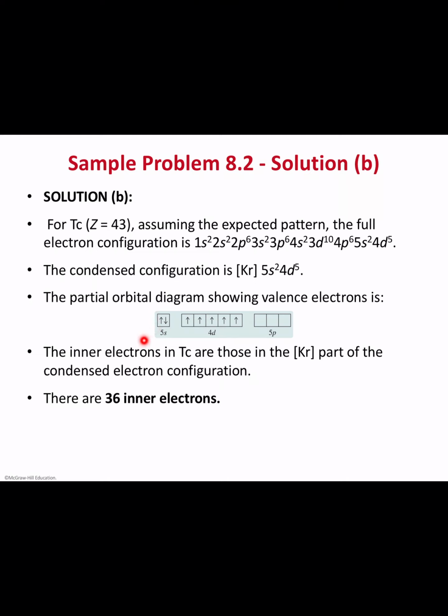And remember, s can hold up to 2, and then there are 5 d electrons, and we singly occupy them, having 1 electron each before we pair them up. So the inner electrons in technetium are those in the krypton part of the condensed electron configuration. So there are 36 inner electrons.